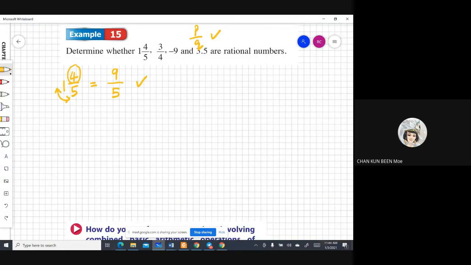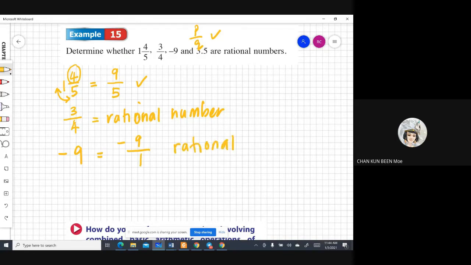For 3 over 4, of course, this one is already in the form of P over Q, so it is a rational number. For negative 9, we just need to change it into the form of a fraction, which is negative 9 over 1. Therefore, it is a rational number. And the last one, 3.5. This is a decimal number.